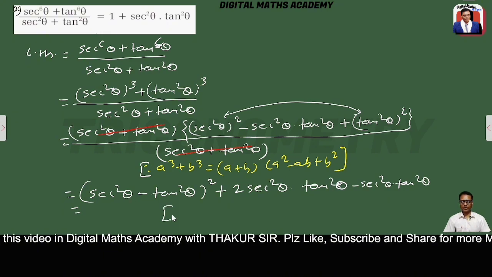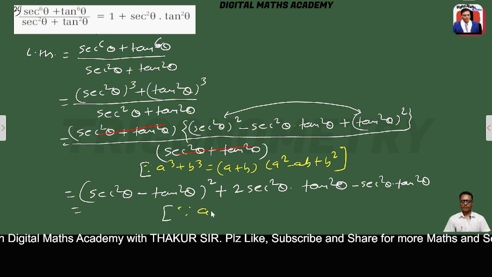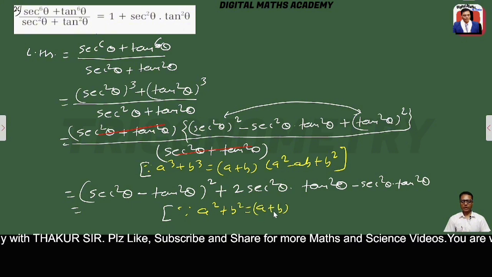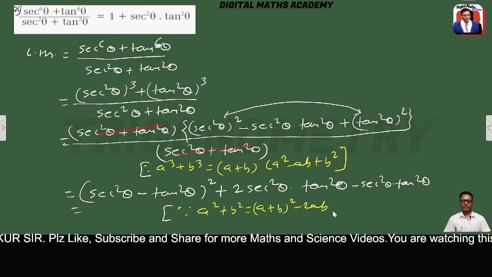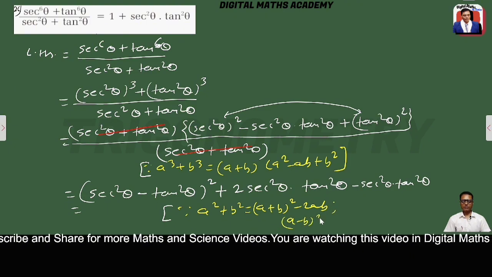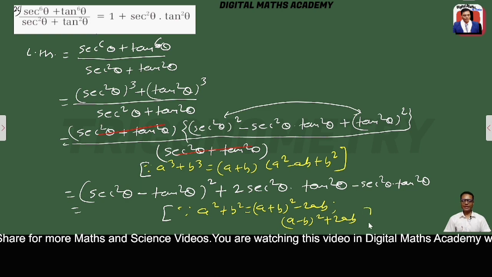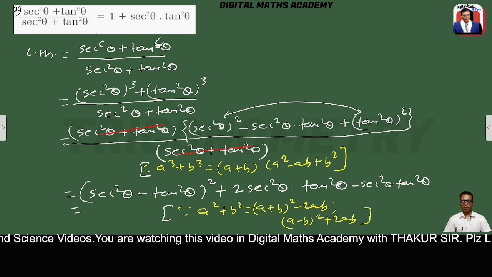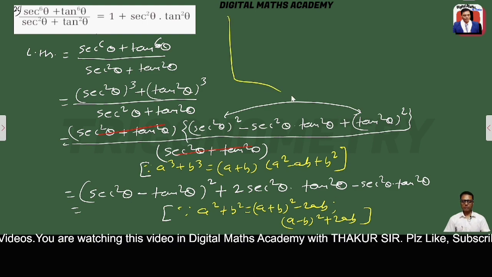Now we can write the formula here. First, the formula is a square plus b square equals (a plus b) whole square minus 2ab, and another is (a minus b) whole square plus 2ab. So we write the second one. You know why? Because sec square theta minus tan square theta equals 1. So we apply the second formula.